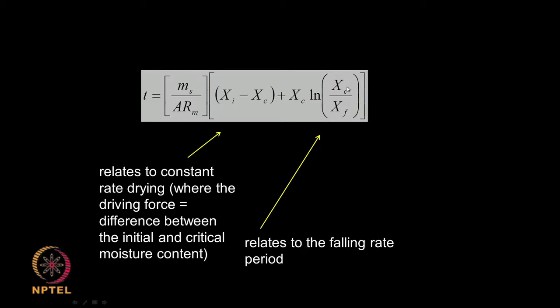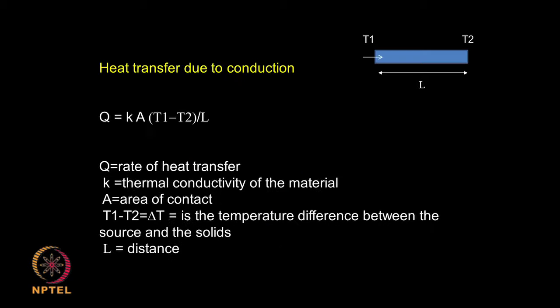So, this one is falling rate, this one is constant rate, and then we come to a term called the critical moisture content. Okay. So, until critical moisture content, it will be the constant rate period, and after that it will be falling rate period until it reaches the equilibrium moisture content. Okay. This is a typical simple equation which relates all these parameters.